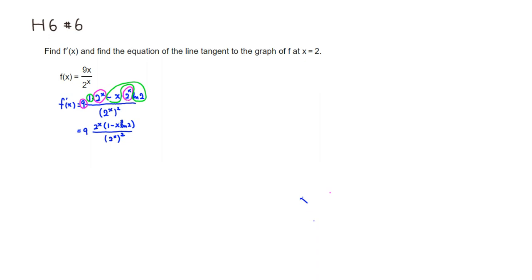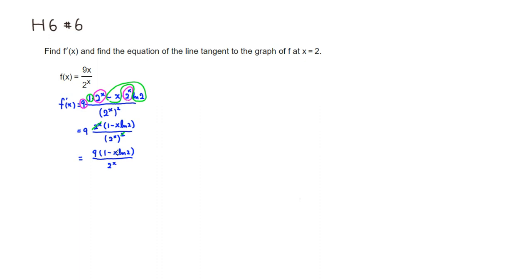So we can actually cancel 2 to the x, because we have a 2 to the x on top and there are 2 of them in the denominator. So we can cancel 2 to the x here, and I'll just scratch out the square because you have another one there. So this is going to be 9 times 1 minus x natural log of 2, divided by 2 to the x.